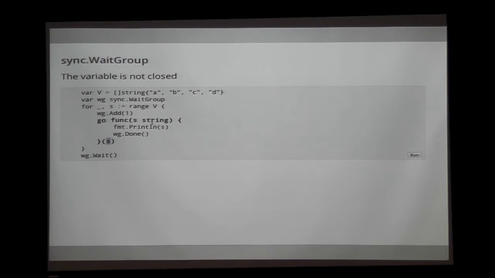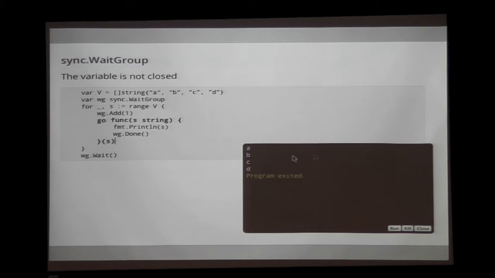This will bind it at runtime. The parameters are evaluated at the time you call go, so it will take whatever the current value of s is and make a copy. And this is what we expected out of the entire loop.